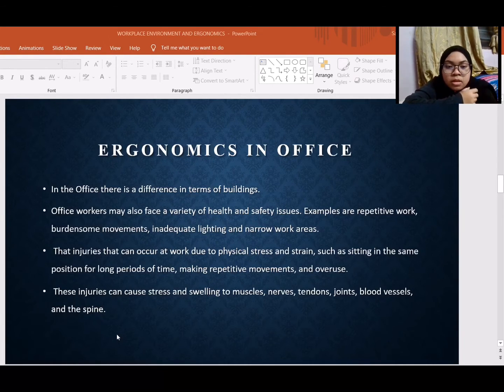That can occur at work due to physical stress and strain, such as sitting in the same position for a long period of time, making repetitive movement and overuse. The last is these injuries can cause stress and swelling to muscle, nerves, tendon, joint, blood vessel, and the spine.